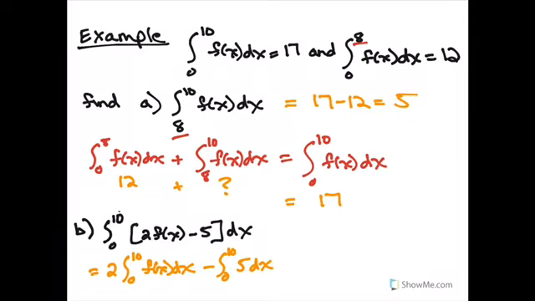And there was a property for that, too. That's integrating over a constant. So for the first one, we're just going to get 2 times the integral from 0 to 10. So that's going to be 2 times 17 minus 5. That's the property for a constant that gave us the constant times the upper limit minus the lower limit.